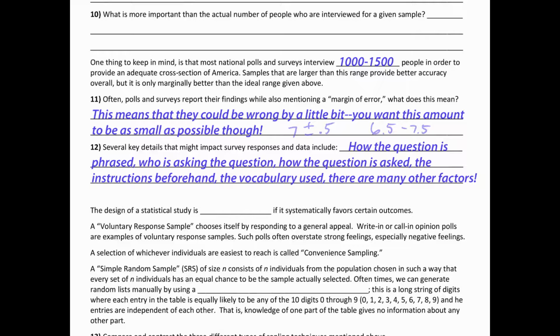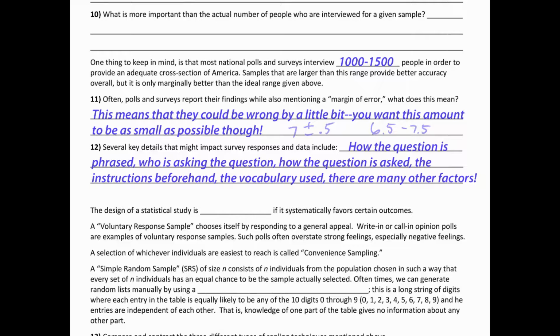How the question is asked, if someone yells at you or it has a certain demeanor, that could influence how you respond. The instructions given beforehand play a big role in how people respond. The vocabulary that is used, that is actually one that standardized tests have to be very, very careful about, because certain groups of people might not have the same word choice as other groups of people, and you want it to be fair for everyone. There are lots of factors that could impact data and data collection.